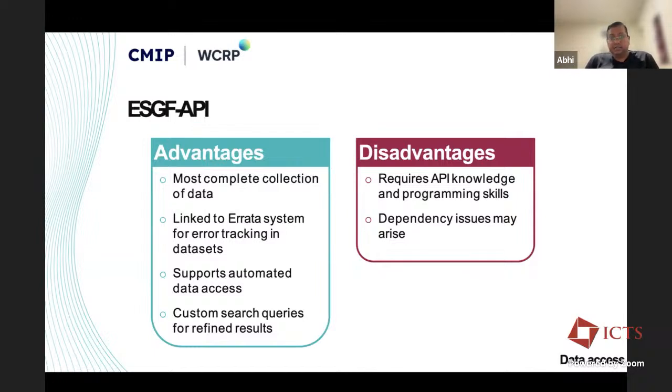The important thing is that it supports automated data access because it's an API, so you can use it in your coding language to ping the database. You could do custom search queries and refine your results. The only disadvantage is that it requires a bit of API knowledge and programming skills, and there might be some issues related to dependencies. The installation process requires some dependent packages that the API uses.